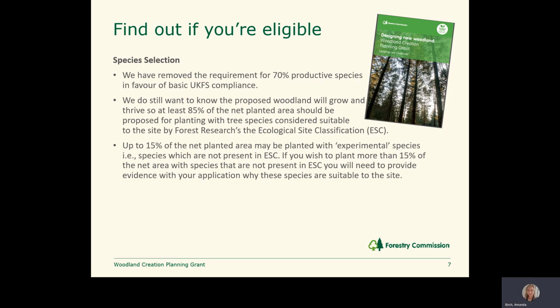Up to 15% of the net planted area may be planted with experimental species, so species which are not present in the Ecological Site Classification. If you wish to plant more than 15% of the net area with species that are not present in the Ecological Site Classification, you will need to provide evidence why these species are suitable to the site.